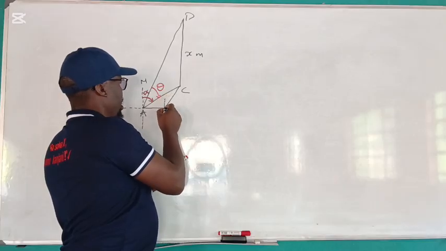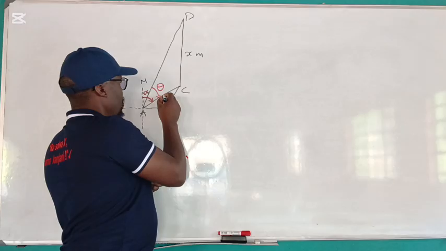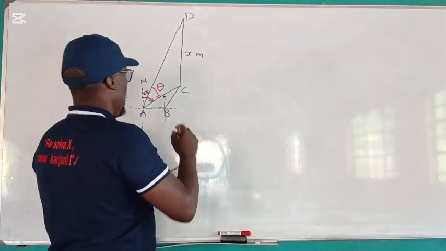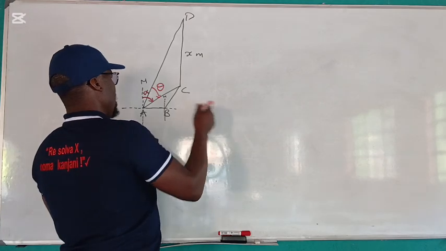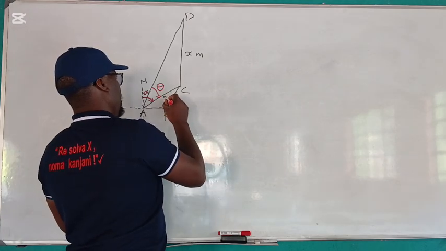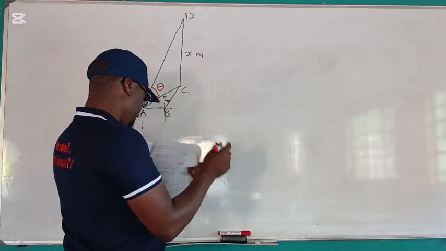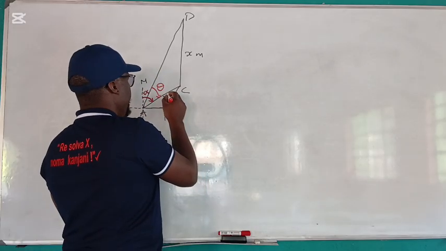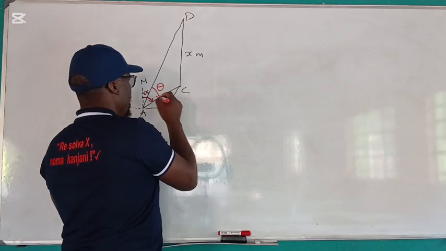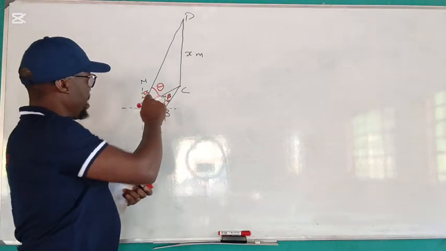So we need to have something like this, and you take that as our North Pole, and the bearing of C will be beta. That's where angle beta should be.